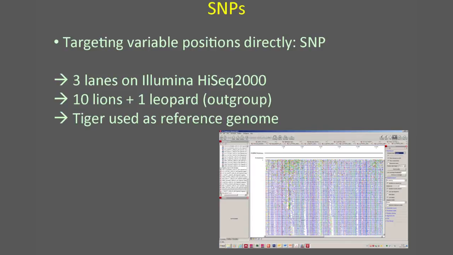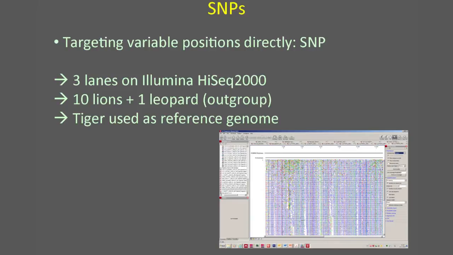We want to find SNPs that show, for instance, that a lion is from West Africa, or a lion is from Kenya or from South Africa. So what we did is we sequenced on the Illumina sequencer, and we included 10 lions and 1 leopard. The leopard is the outgroup, so when we construct our phylogenetic tree, we can use that as the outgroup.